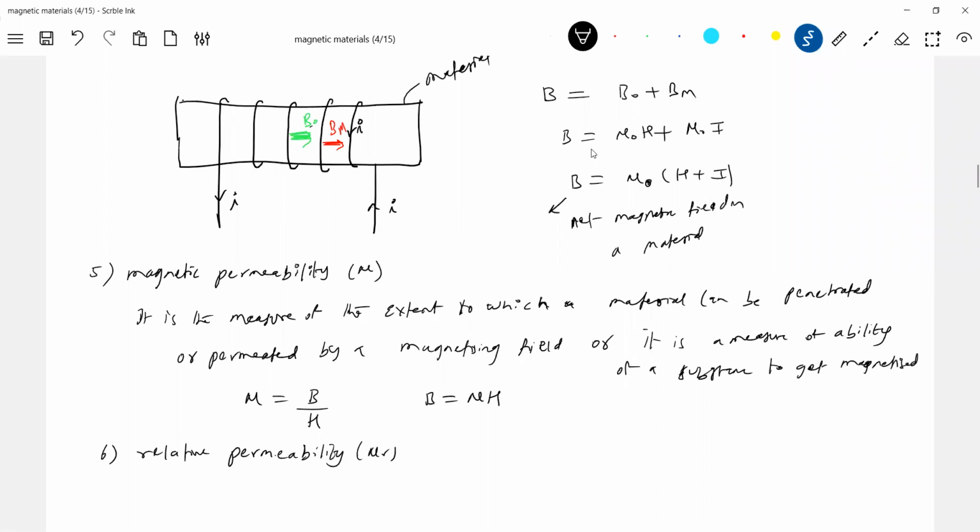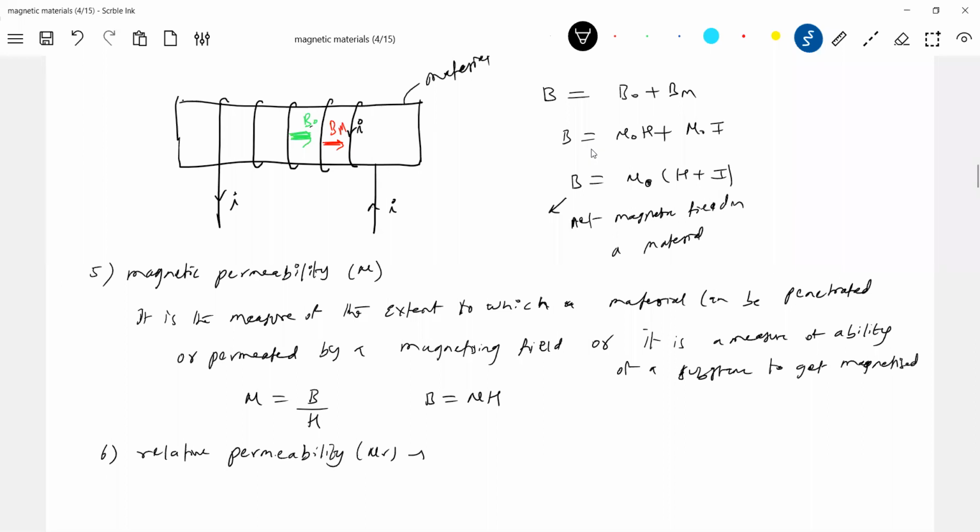Very first question: the substance which I'm going to put in a solenoid, will it get magnetized or not? I should know, no? Will it get magnetized, or how much will it get magnetized? All that determines the permeability. And what is relative permeability? I can compare, say, iron, which will get more magnetized, with copper, which will get less magnetized.